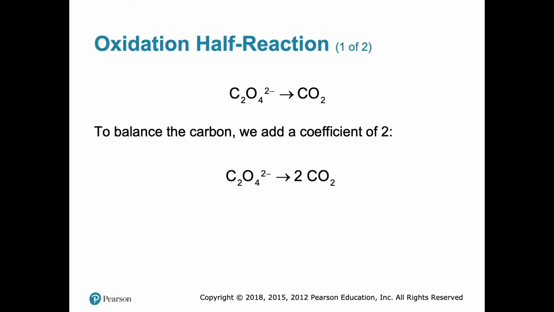We have two carbons on the left side. How do we balance this? All we have to do here is put a number 2 as a coefficient in front of carbon dioxide. And now we have two carbon dioxides on the right side, and we also have 4 oxygens on the right side, which is the same as it is on the left side, right? Good stuff. See, this part's the easy part, right?